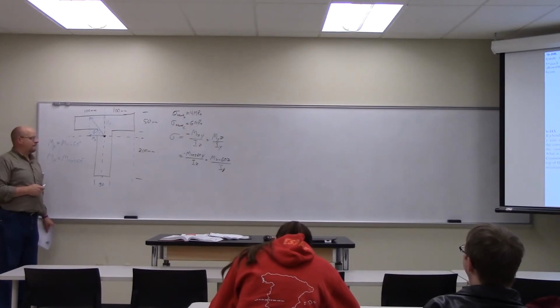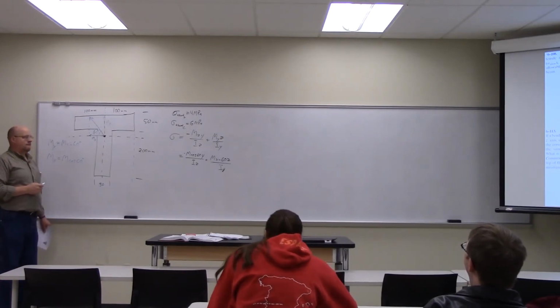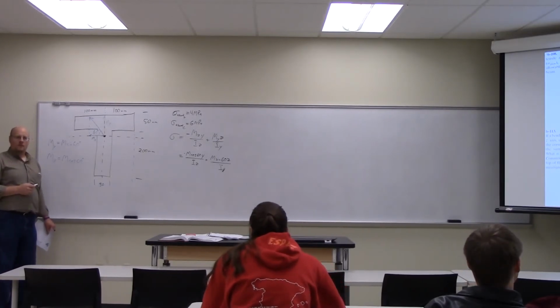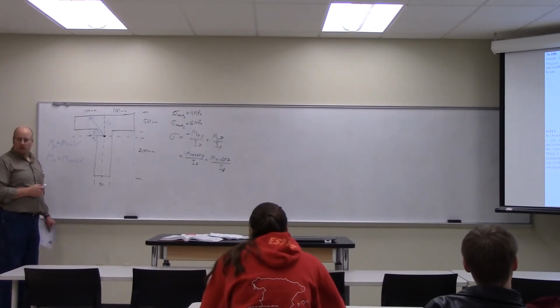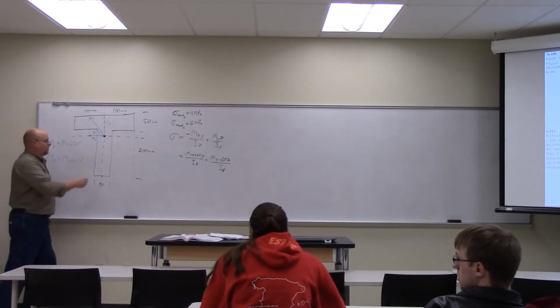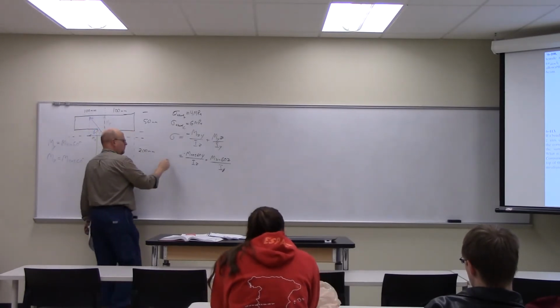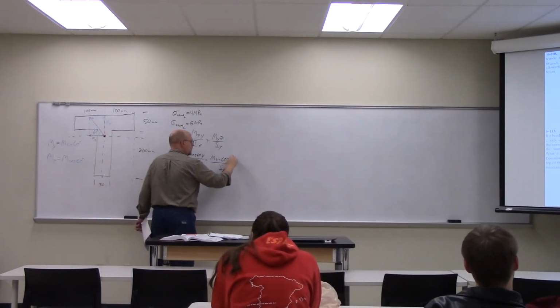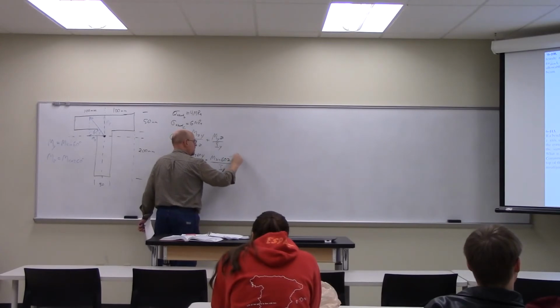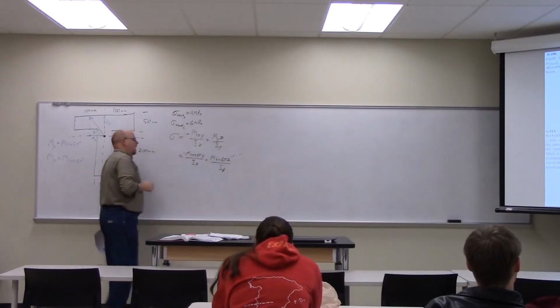We don't know the location of our origin. Yeah, so it's going to be 100 millimeters. The maximum z is going to occur out here. So my z here is going to be 0.1 meters. What about my y?